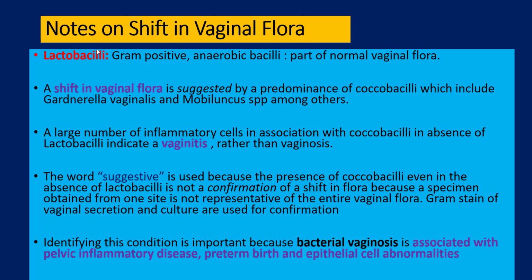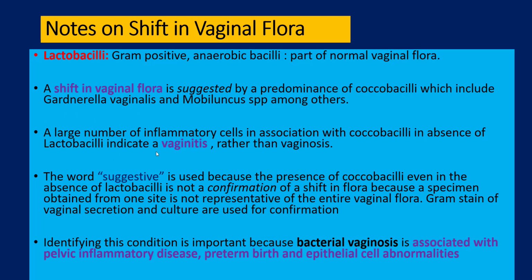So these are some of the notes which I have put together as far as the shift in vaginal flora is concerned. Now, lactobacilli are gram-positive anaerobic bacilli, and as I've said, are a part of the normal vaginal flora. A shift in the vaginal flora, this is very important, from lactobacilli to coccobacilli is suggested by the predominance of coccobacilli, and these amongst others include Gardnerella vaginalis, which is possibly the one which is most well known, Mobiluncus species, amongst others.